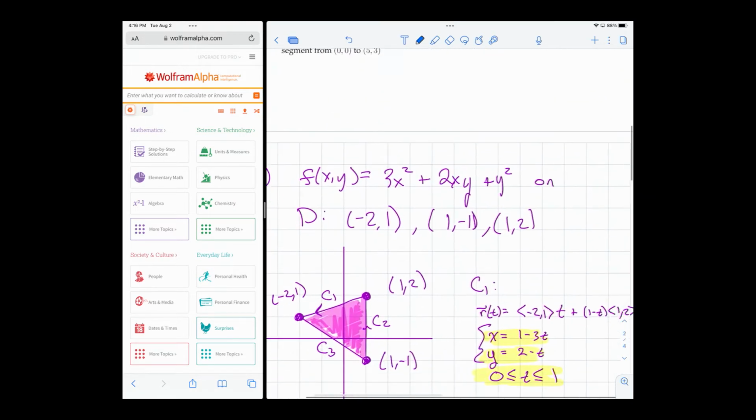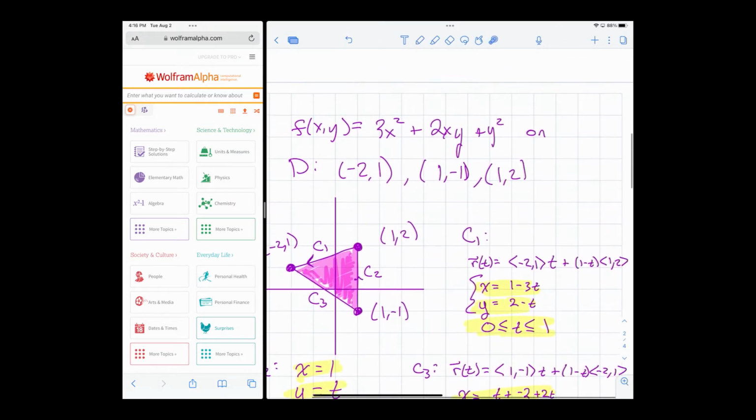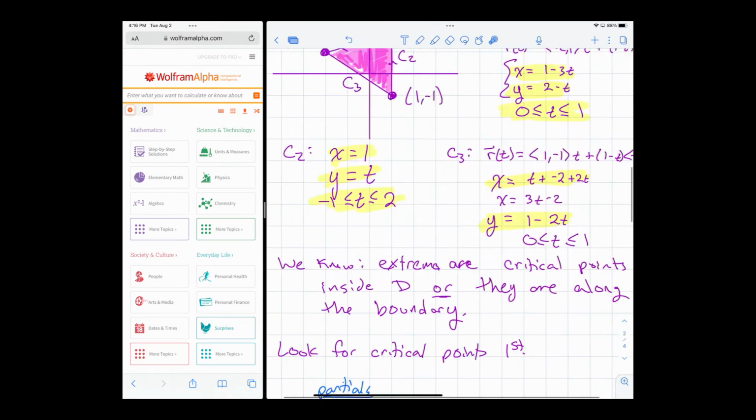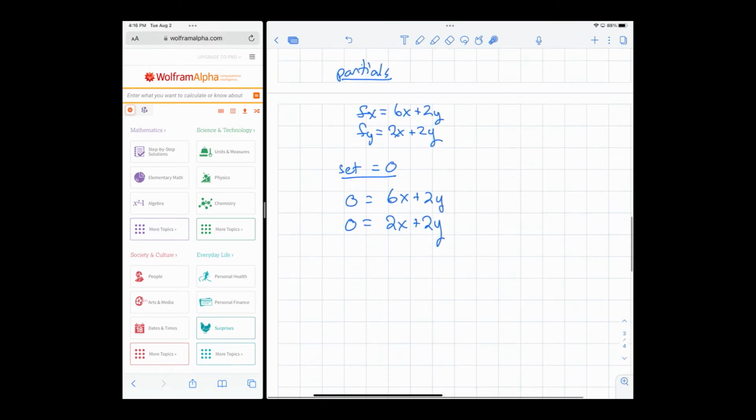Let me just double check that. Is that correct? 6x, when we take the derivative with respect to x, plus 2y, okay. So we do have 2y there. And then partial with respect to y, nothing, 2x, 2y. Okay, cool.